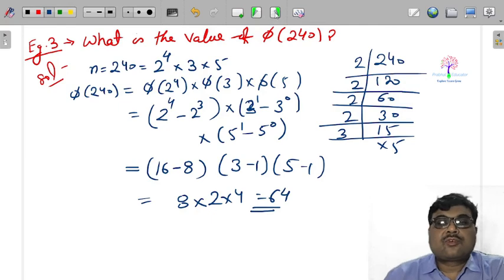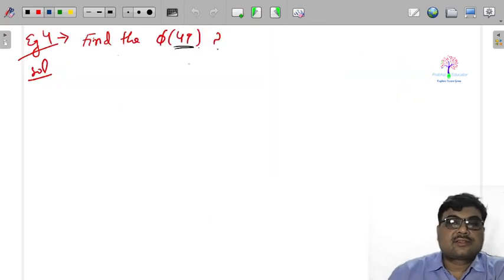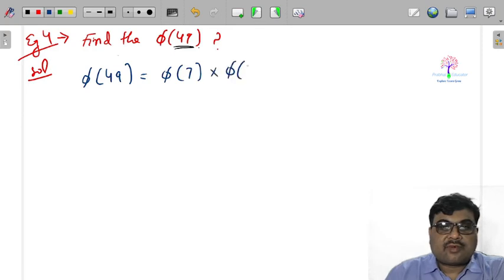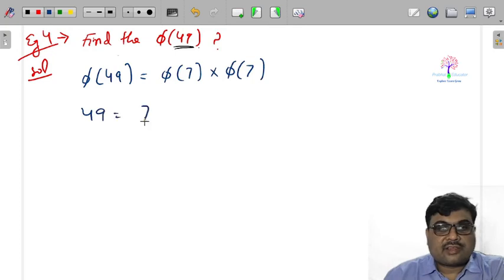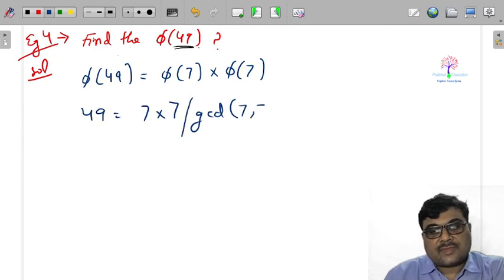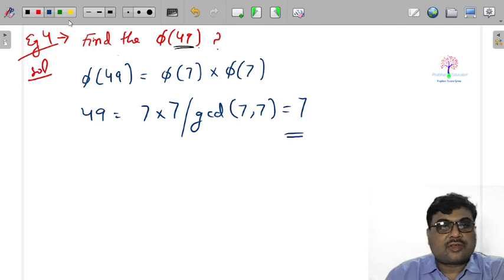Now move on to the next. How will we do this? Phi of 49. How can you write it as phi of 7 multiplied by phi of 7? But first we have to check the GCD of 7 and 7. GCD of 7 and 7 is 7, not 1. So we can't use this approach.